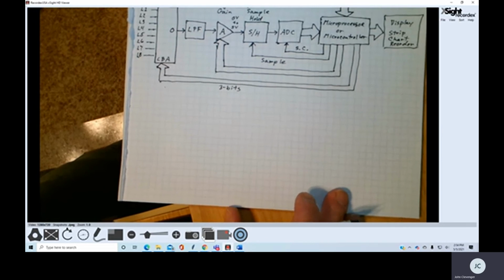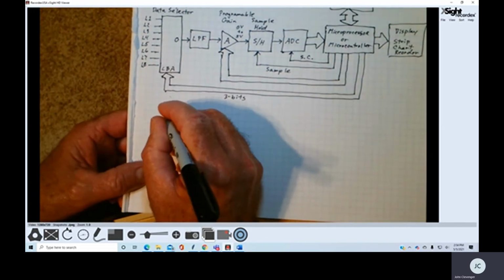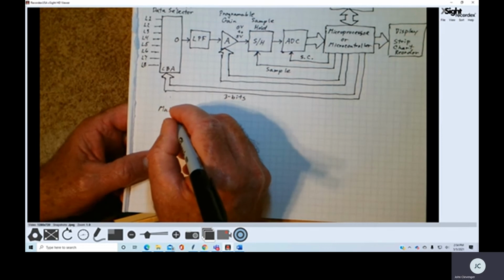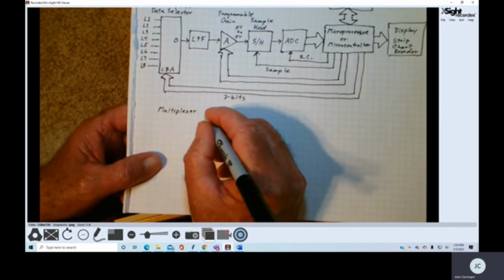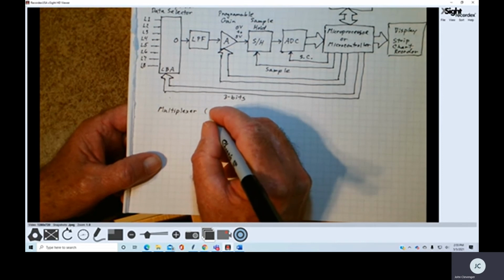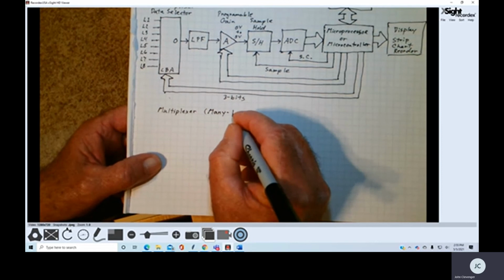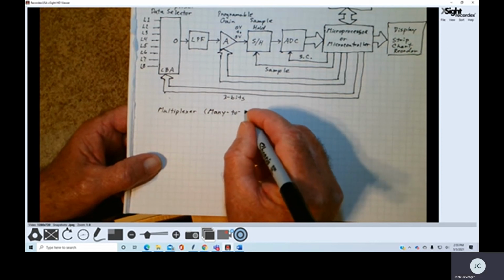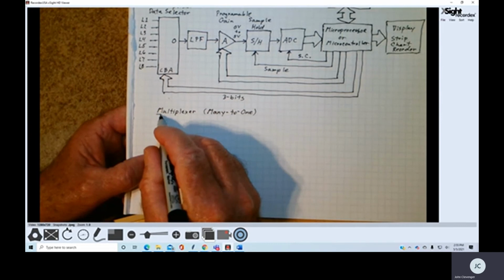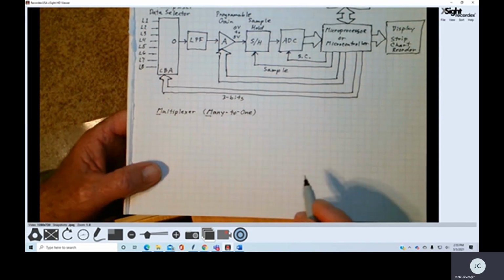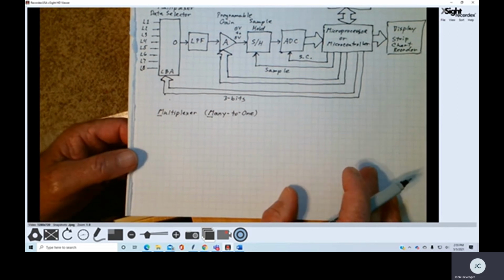Now, the multiplexer. My memory aid has always been that we think of this as many to one. I remember that the first letter of multiplexer is an M, for many to one. And again, we call this a data selector.